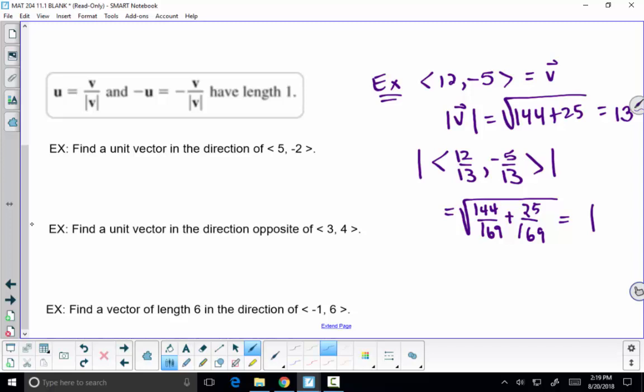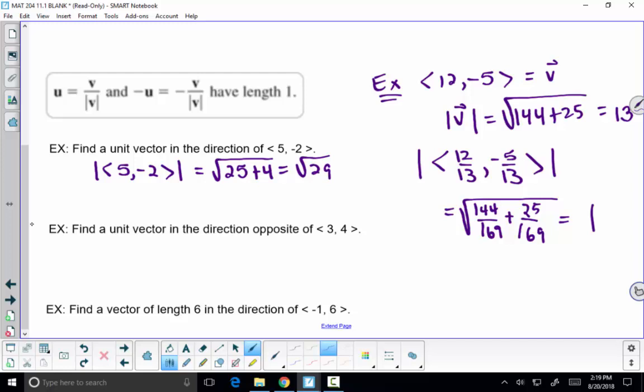Find a unit vector in the direction here. All right, so we're going to take our vector and first find the length of it. So the length of this vector 5, -2. We're getting good at this. Square root, sum of squares. So we have 25 plus 4. So the length of this vector is the square root of 29.